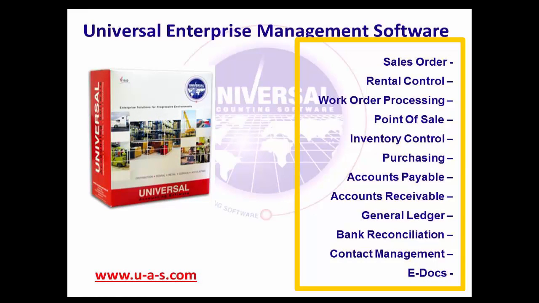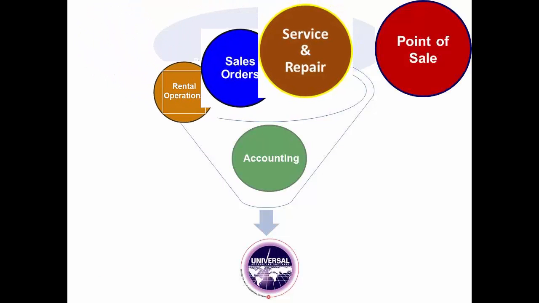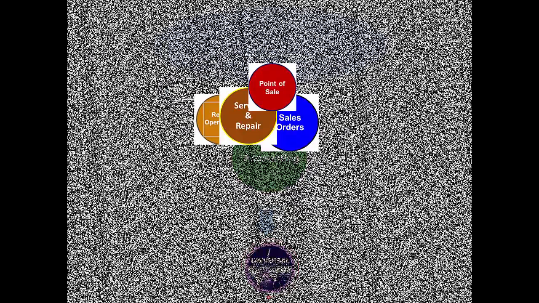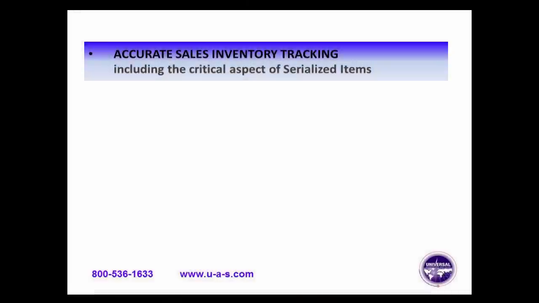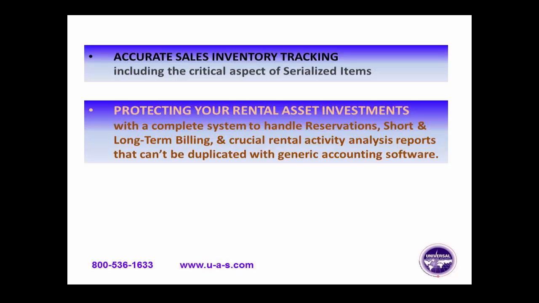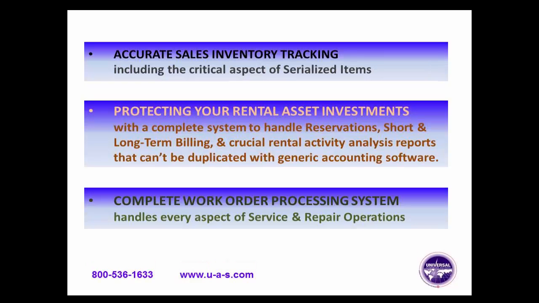Universal has a suite of modules that can be configured for each client situation. The modules to handle rental, sales, and service are all integrated into one harmonious system to help you achieve accurate sales inventory tracking, including the critical aspect of serialized equipment, protecting your rental asset investment with a complete system to handle reservations, short and long-term rentals, and crucial rental activity analysis reports that can't be duplicated with generic accounting software, and a complete work order processing system to handle every aspect of service and repair operations.